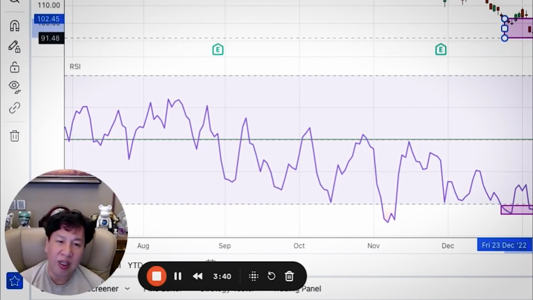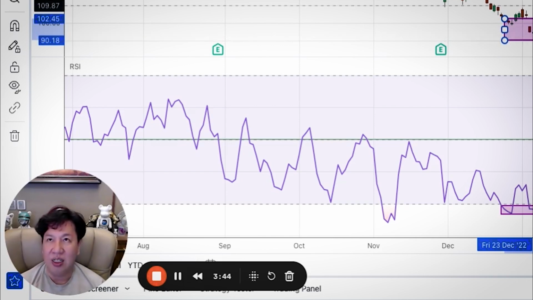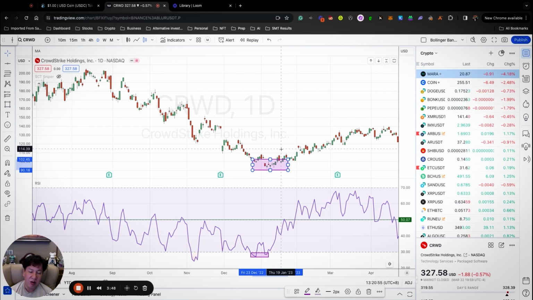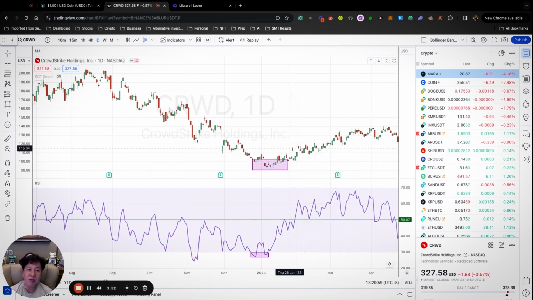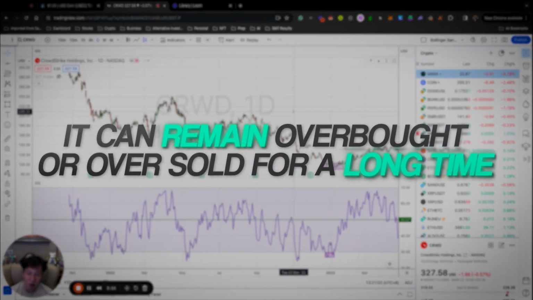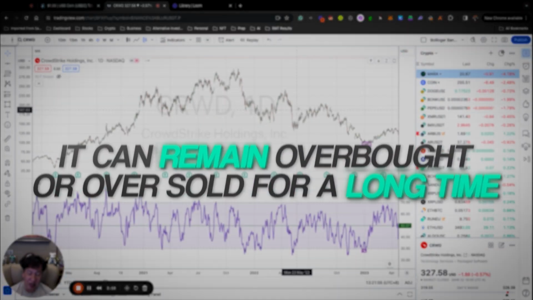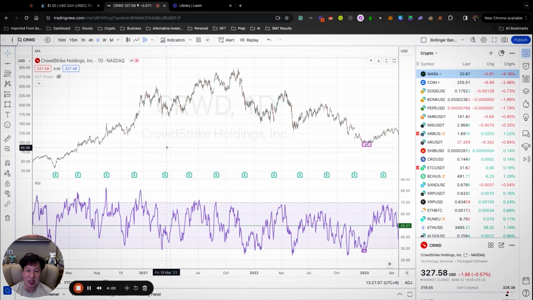Generally, I don't really use 70 and 30 as a buy or sell signal, because in a trending market, when the market is going up, it can remain overbought for a long time. If the market is going sideways, then it's okay, it doesn't go to overbought or oversold.